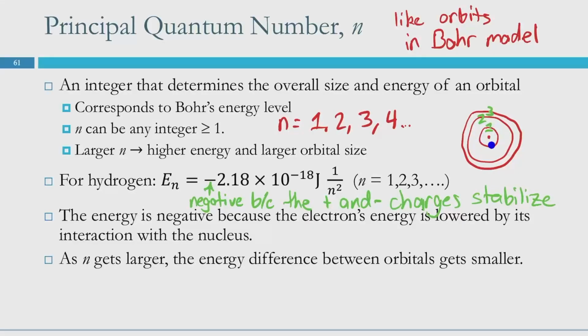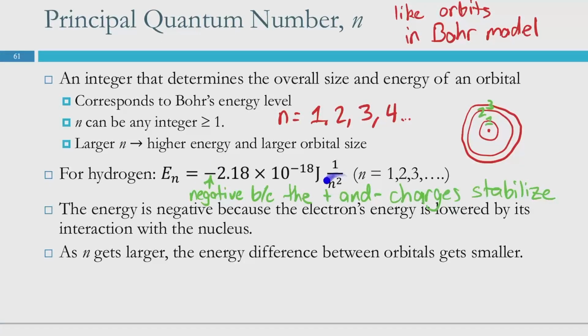But if we think about it with the orbits, it's flying around in these orbits and it's got a negative charge. In our nucleus, we've got a positive charge. And the interaction between the positive charge and the negative charge stabilize each other, the same way that two magnets, if you bring the positive and negative ends close to each other, want to be closer. They want to pull in. They don't want to repel each other. That pulling in is why we've got the negative here.